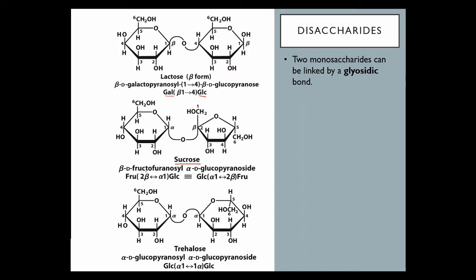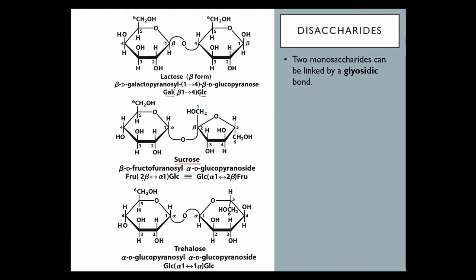You can write it as beta-D-fructofuranosyl. Fructose is a ketose, so it's in its furanose form. And then in this case alpha-D-glucopyranoside, and then its abbreviation can be written this way.